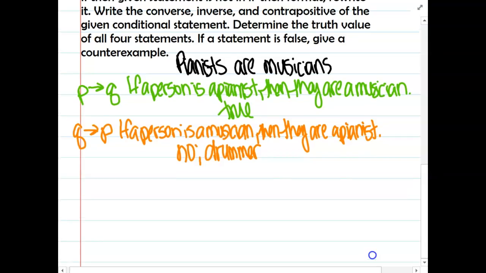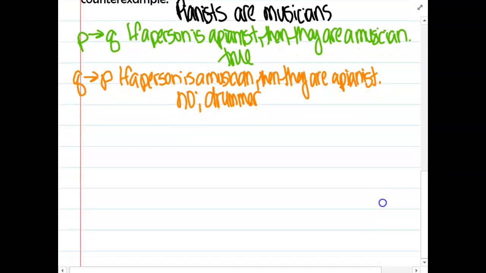The next one we're going to do is called the inverse. For the inverse, you take the original conditional and negate the hypothesis and the conclusion.